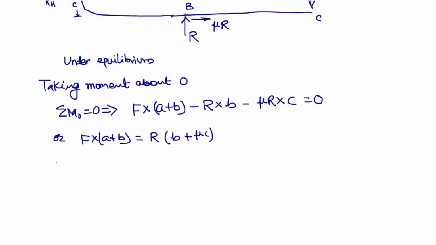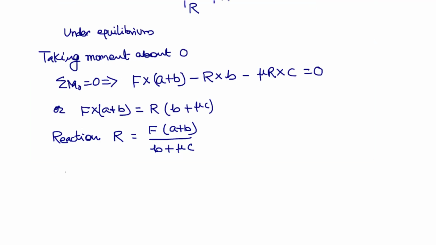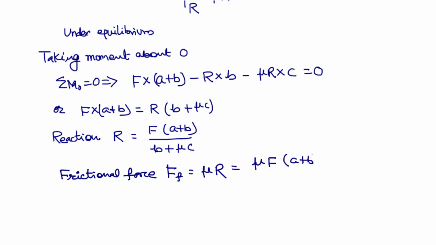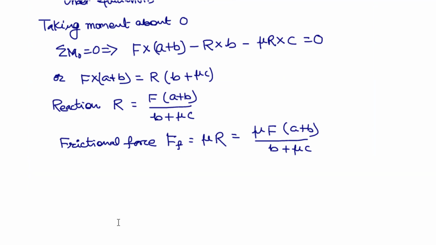Reaction R equals F into (A plus B) upon (B plus mu C), and frictional force F equals mu into R. This is equal to mu into F into (A plus B) upon (B plus mu C). This is the frictional force.